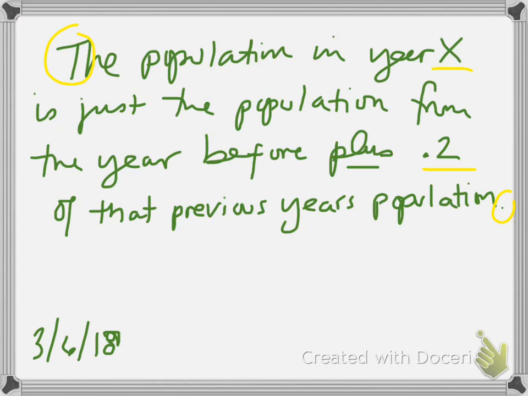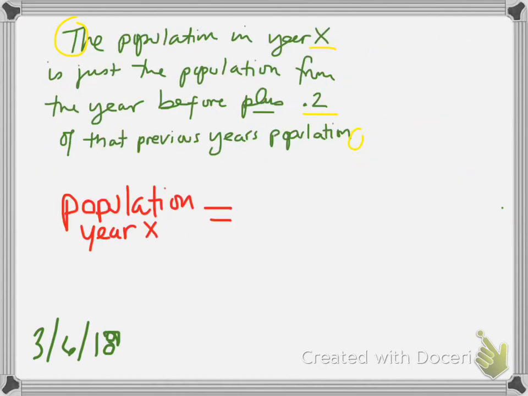So let's try this. I'm going to start off with what I want to find. I want to find population in any year. So I want to know the population in year X, and I don't know if I want to look at year 2 or year 10 or year 563, but I want an equation that will work for any year that I can pull out of that chart.